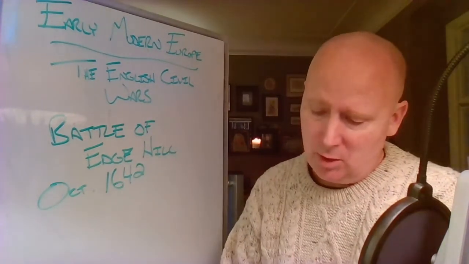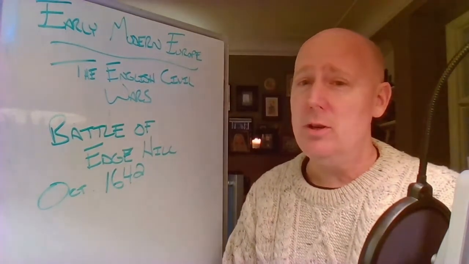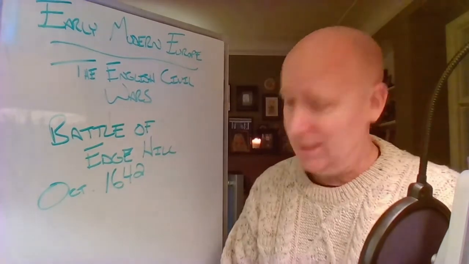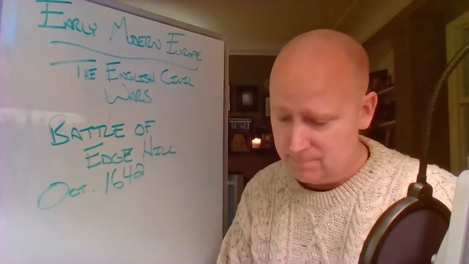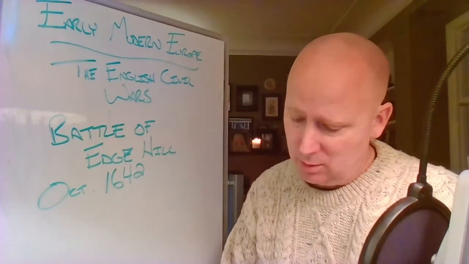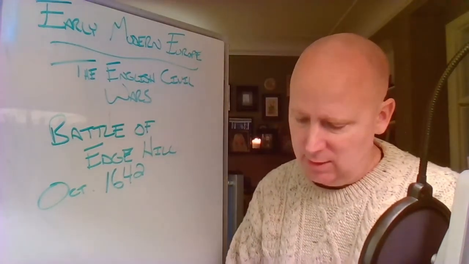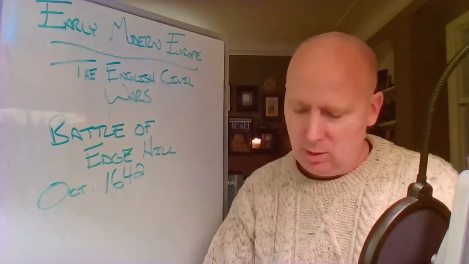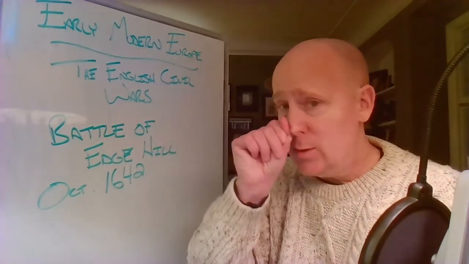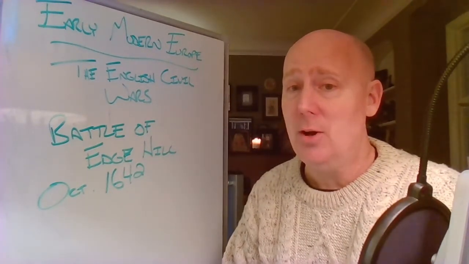So Charles is marching with his troops towards London, knowing that if he's going to squash this rebellion, he's going to have to get to London and squash it there. That's the only way this is going to work. And so Edge Hill is on the way toward London. And when the battle finally erupts, what's interesting and what is revealed in all of this is that while the king's forces were strong, they were not as overpowering as he thought.